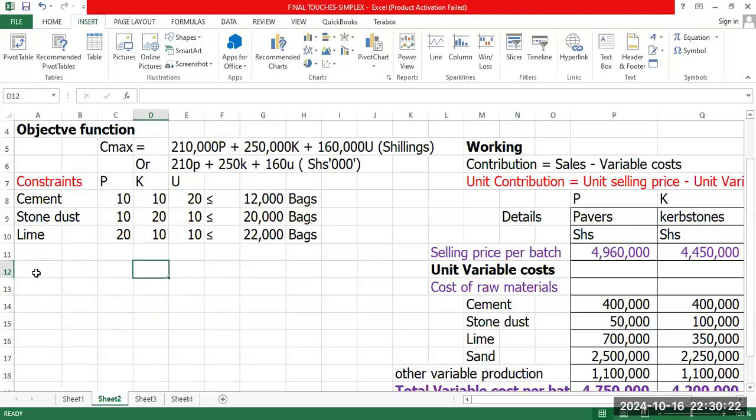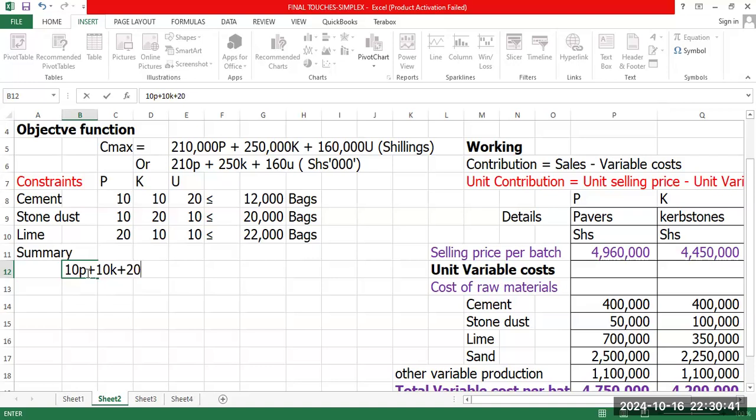Once you're here, things become very easy. Summarize now. Summary of this. You add 10 times P, it is 10P, plus 10K plus 20U. This should be this.